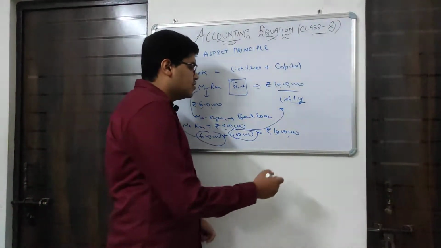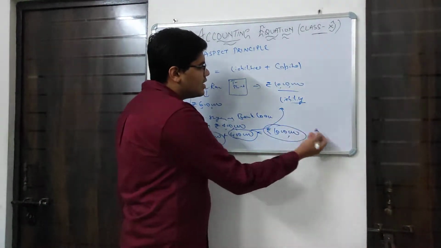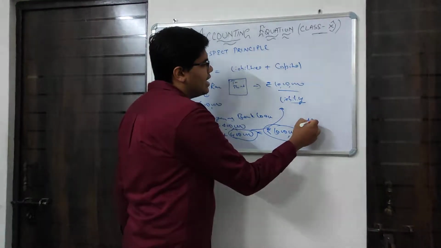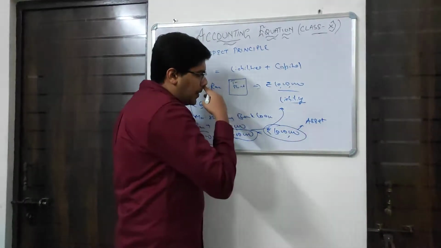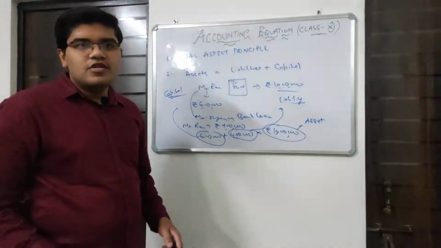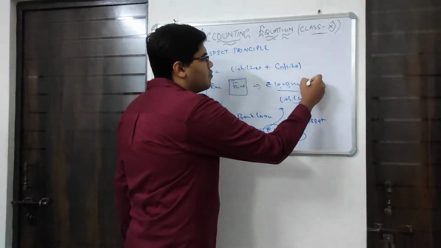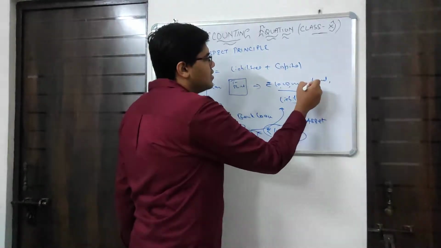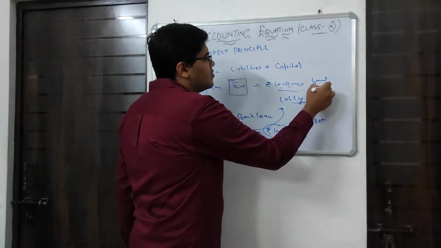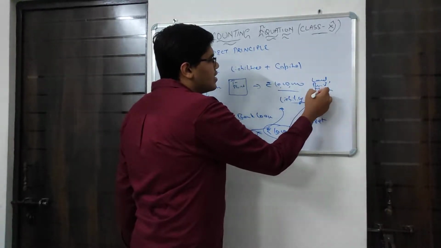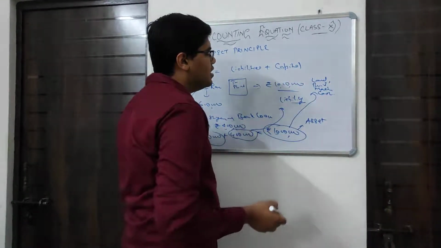And what is this? Rupees 10 lakh. 10 lakh is nothing but an asset. How is it an asset? It is an asset because 10 lakh will be invested in the business in the form of land purchase, building purchase, machinery purchase and some form of cash Mr. Ram will keep.